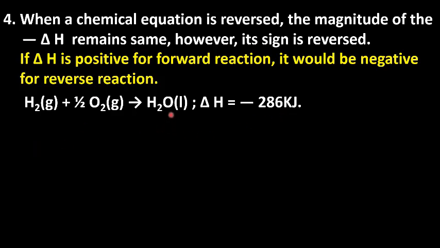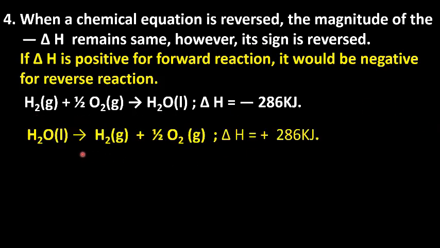If you reverse this reaction, that means if you take water as reactant and hydrogen and oxygen are products, so H2O liquid gives H2 plus half O2, then delta H becomes plus. As it is minus here, as the reaction is reversed, the sign is also reversed. Therefore here the delta H is plus 286 kilojoule.